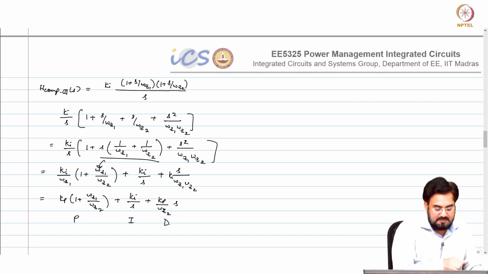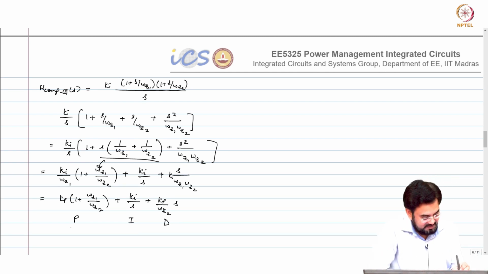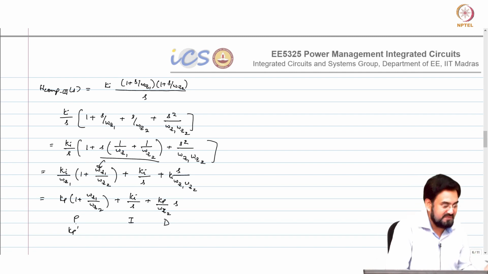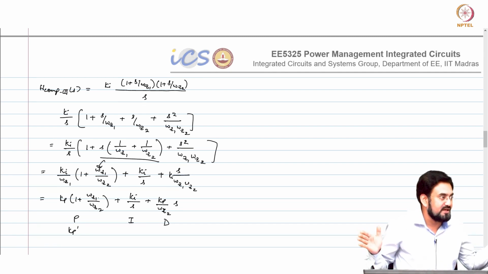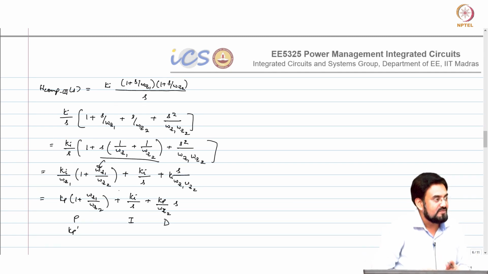And if you know the Kp, so this becomes your, I will call it Kp dash, because Kp we already defined here. Now because of that second zero, your proportional gain will be affected. So if you make omega Z1 and omega Z2 separated out, then this factor will be small, then your Kp will not get affected.